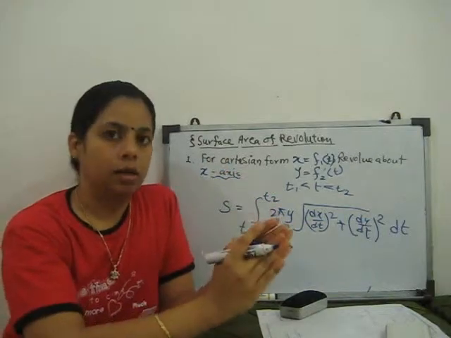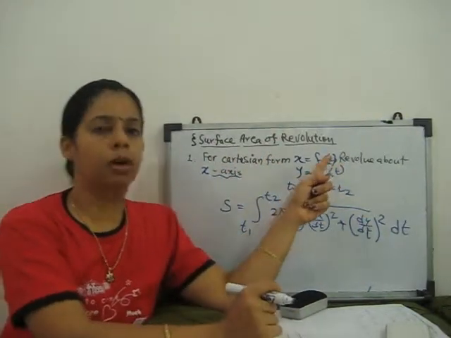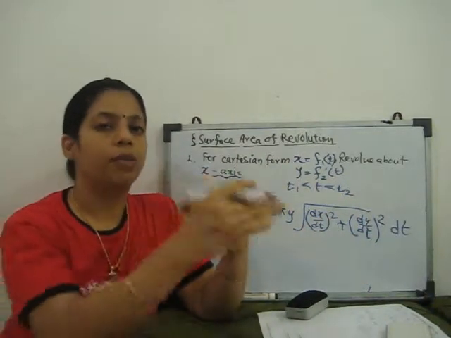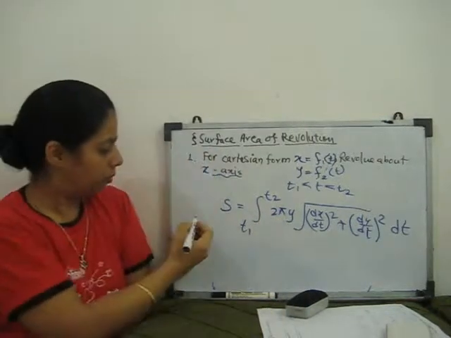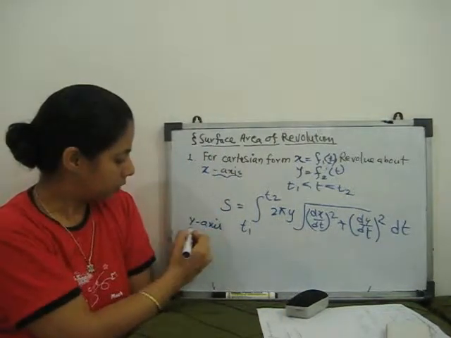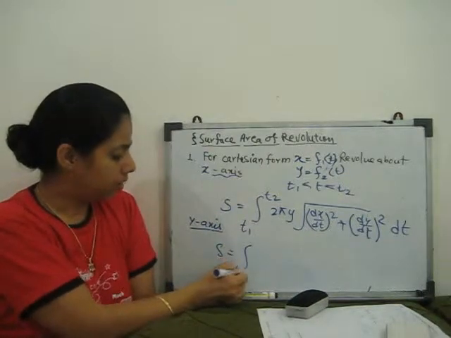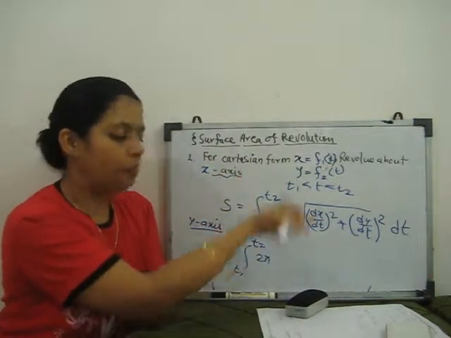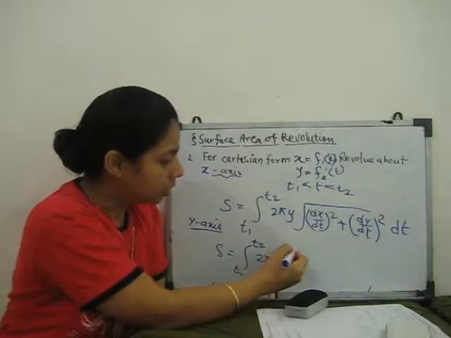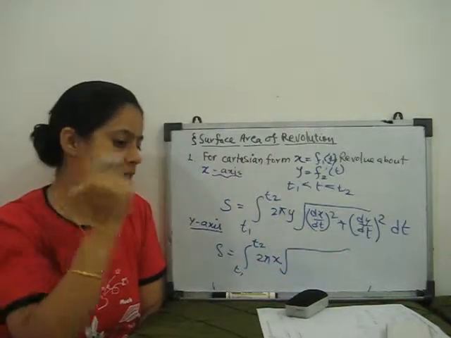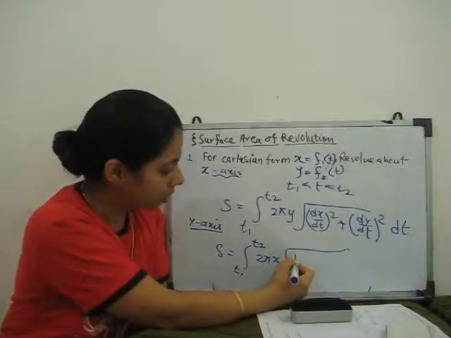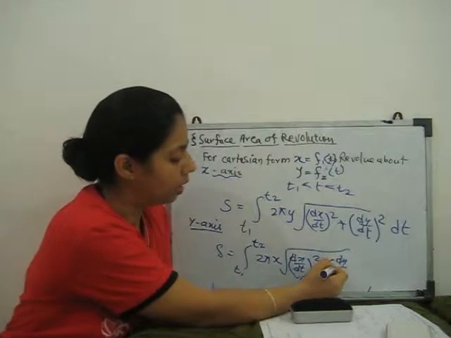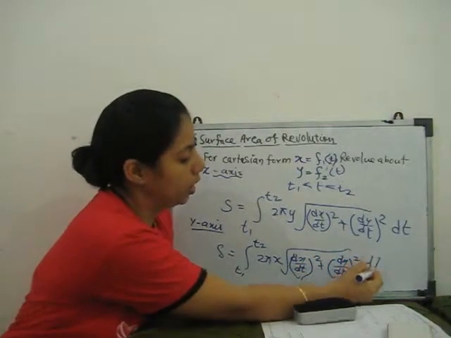If our curve in x and y is given in a new variable t or theta or anything, then our formula is as given. Similarly, if we revolve this about the y-axis, there is just a little bit of change. The limits are the same, t1 to t2, and we use 2 pi x times the square root of (dx/dt) whole squared plus (dy/dt) whole squared dt.